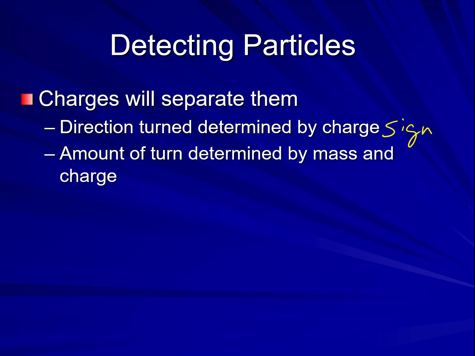And the amount it turns depends on the charge. Bigger charges would be repelled or attracted more. Smaller charges would be repelled or attracted less. And also by the mass, because light things are easy to turn, heavy things are hard to turn. So how much it turns is affected by both charge and mass. Okay? So let's see what happens when you do it.